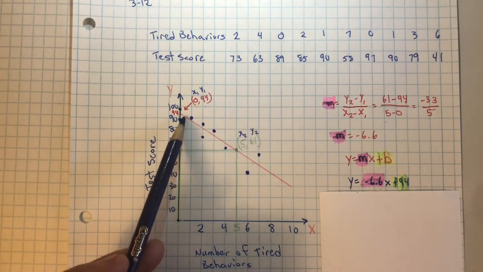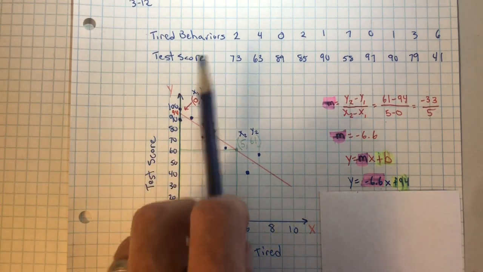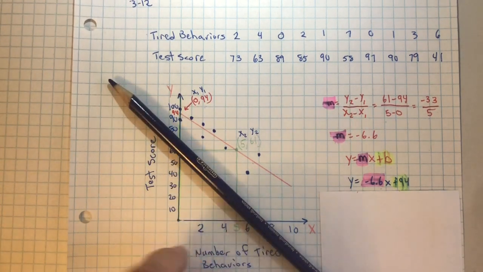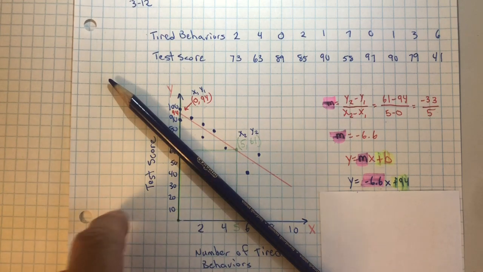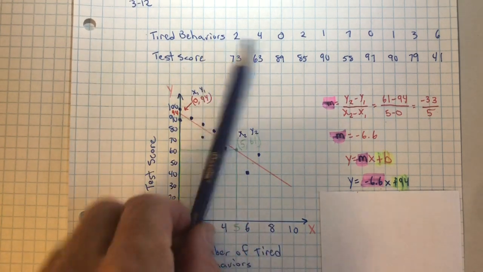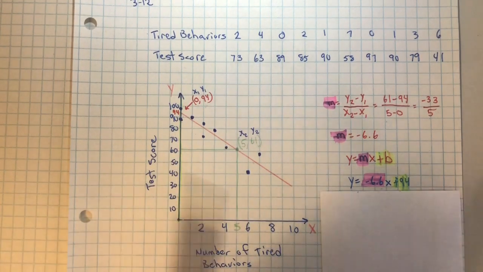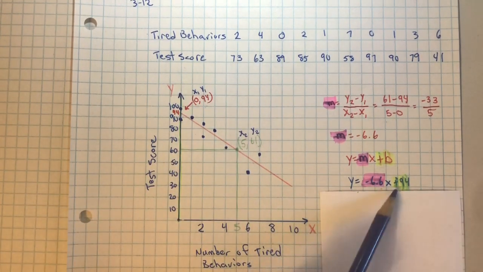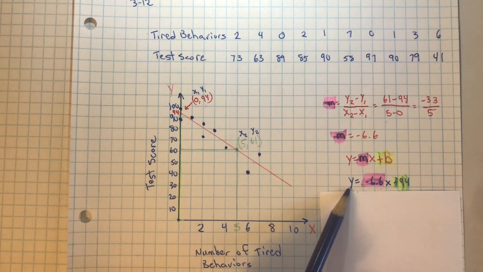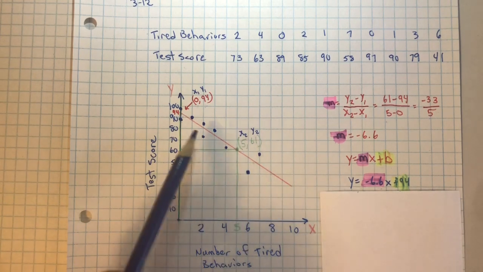I know this is a negative slope because it's sloping negatively towards the negative x values. If it was sloping this way, it would have a positive slope value. And now I have the equation for the line of best fit.